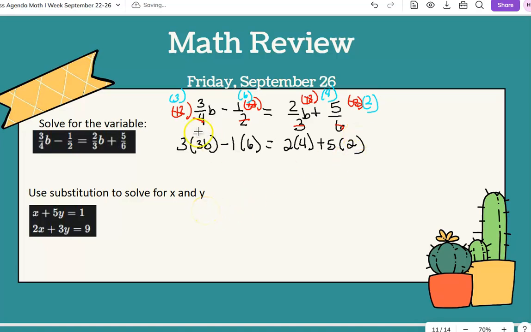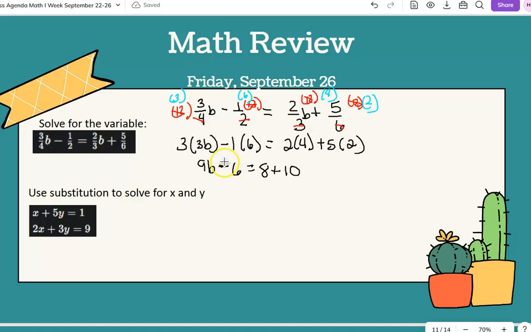Okay, I'm now going to multiply through. 3 times 3 is 9b, minus 1 times 6, which is 6, equals 2 times 4, which is 8. Sorry, hold on. And then 5 times 2, which is 10. Okay, so just let me double check everything.